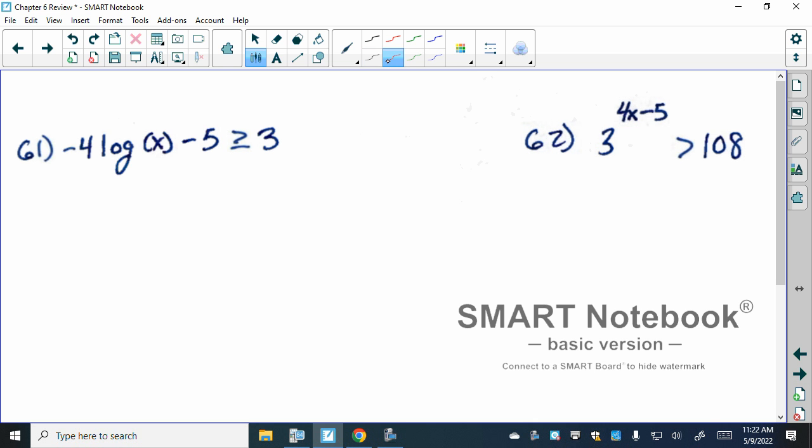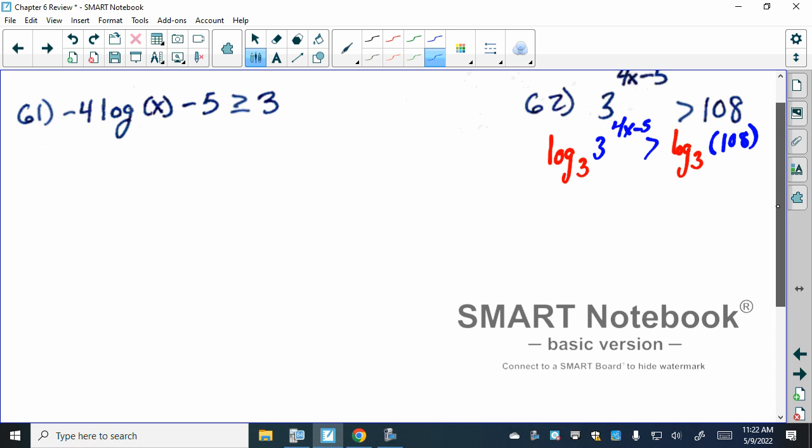To simplify this here, we're going to apply log base 3 to both sides, because here we'll have log base 3 of 3 to the 4x minus 5 is greater than log base 3 of 108.